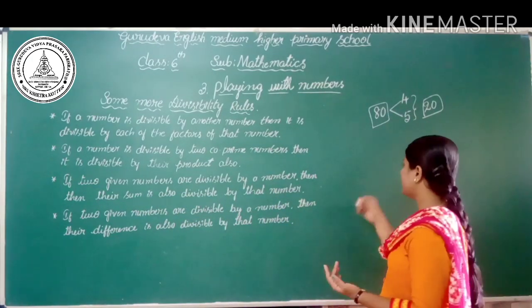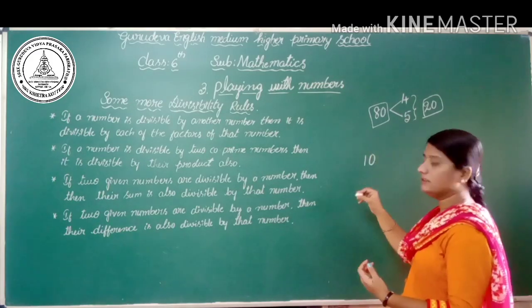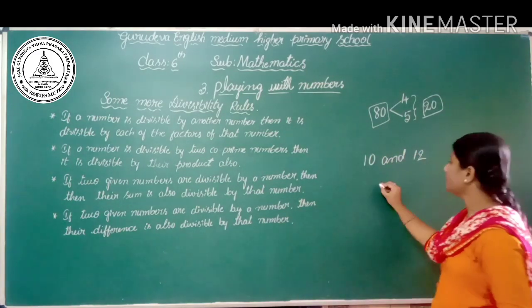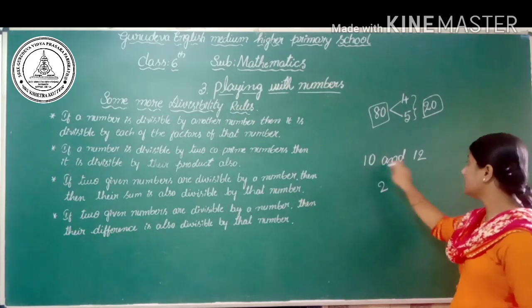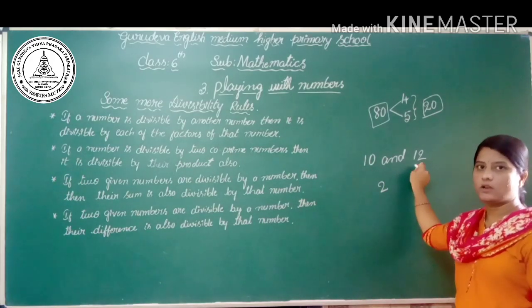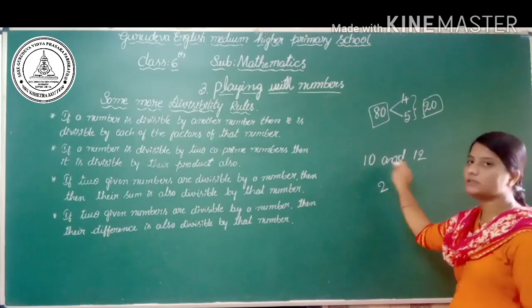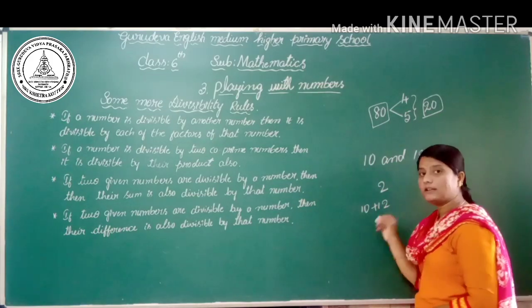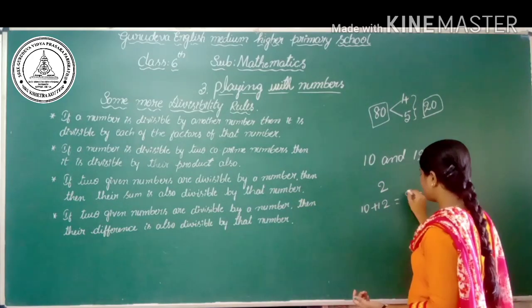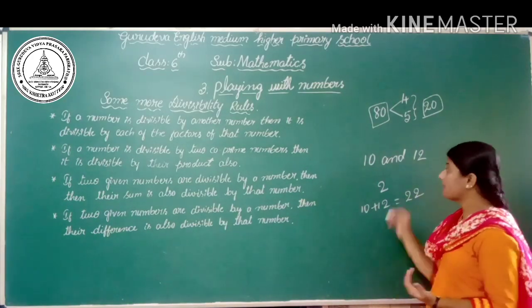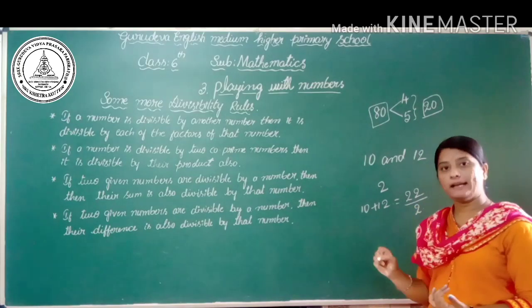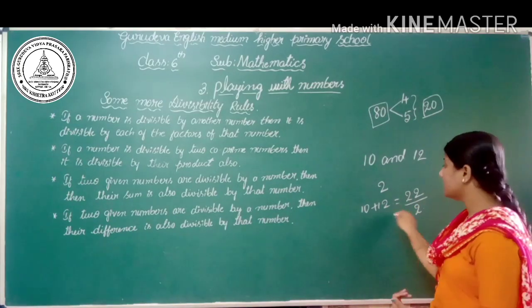For example, I will take 10 and 12. 2 divides 10 and also 12. Then the sum of these two numbers is 10 plus 12, which is equal to 22. Then the sum of these two numbers is also divisible by 2.